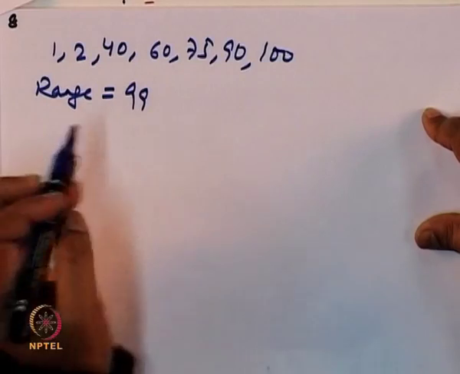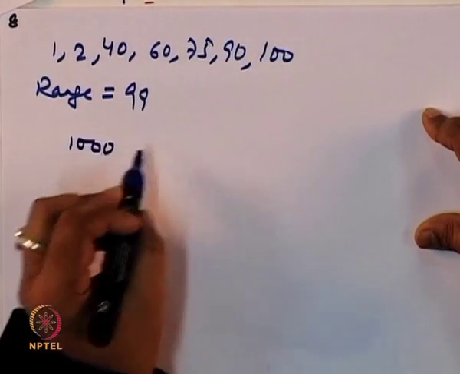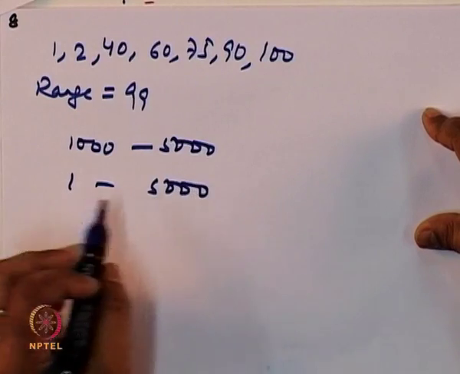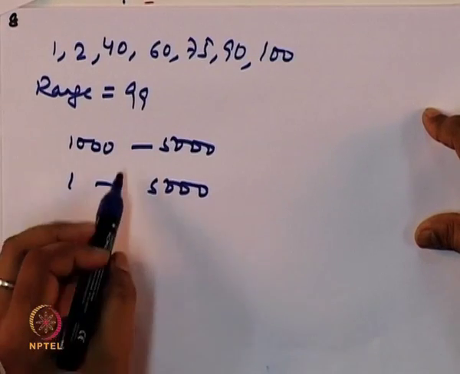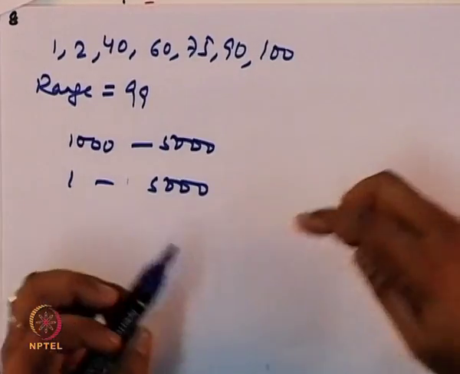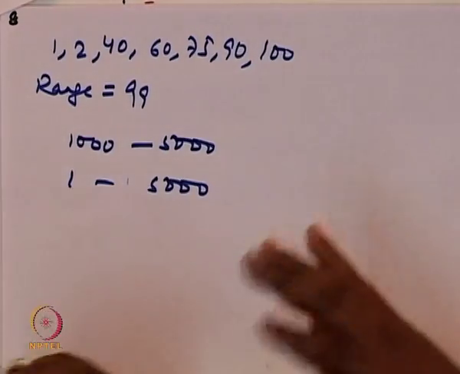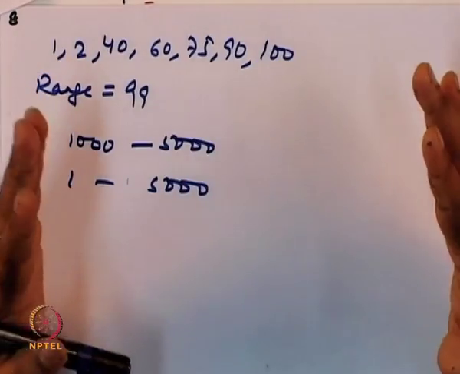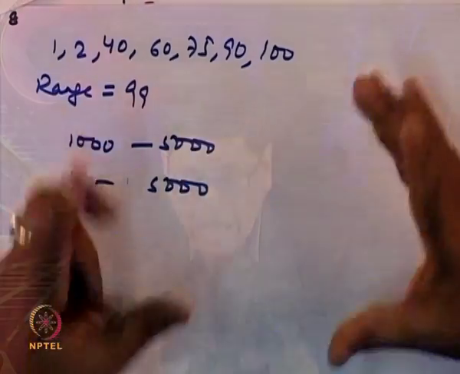Similarly, you can have data going from 1000 all the way to 5000, or 1 to 5000. If you have outliers, then the range is too broad, and it does not give a clear idea as to where the bulk of the data is situated.